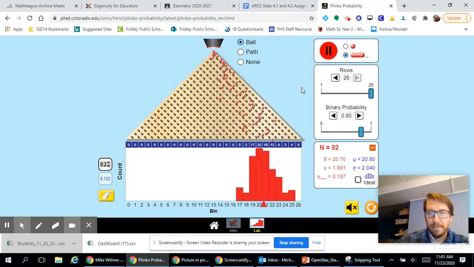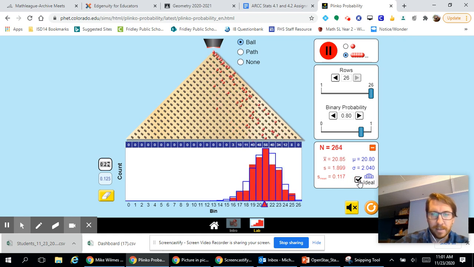So you're going to make a lot of those shots, right? If you have an 80% chance, it's hard to make no shots. But it's hard to make all 26 shots too. That's 0.8 to the 26th power. So there we go. We get to see all those scenarios falling down. There's our ideal. Pretty close match.